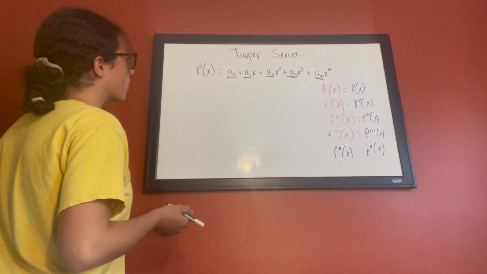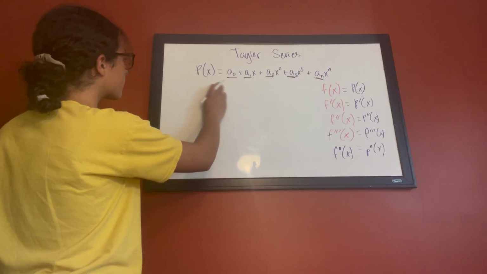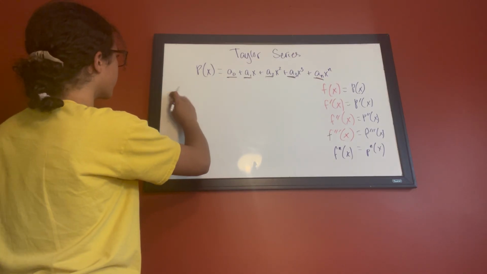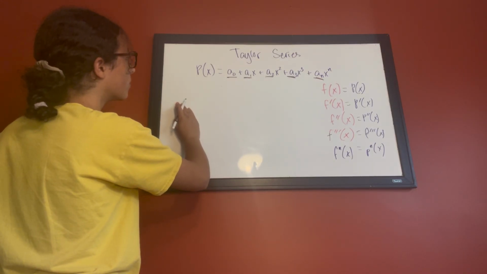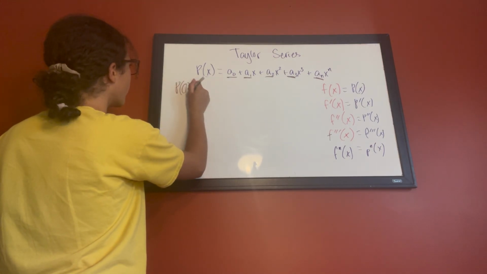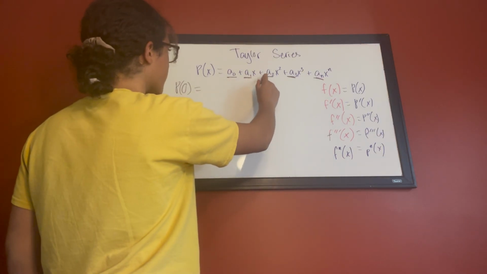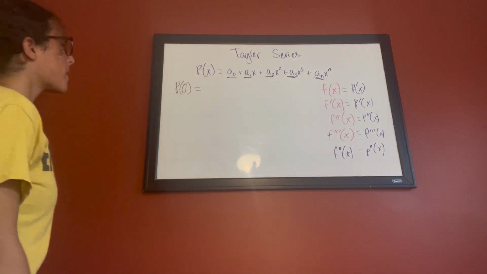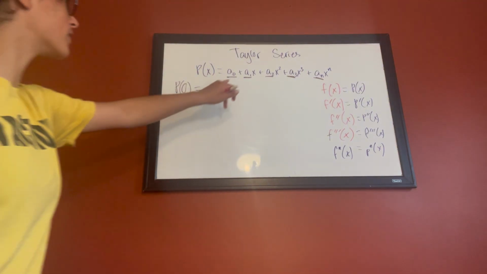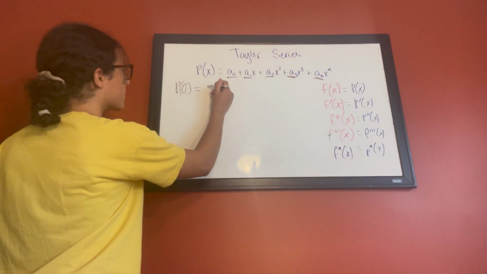So if I'm saying that p of 0, right, equals, we'll replace all of these x's with 0, so we'll just get p of 0 equals a0.